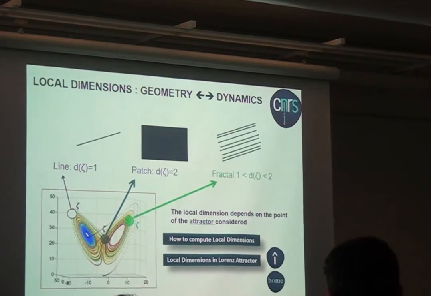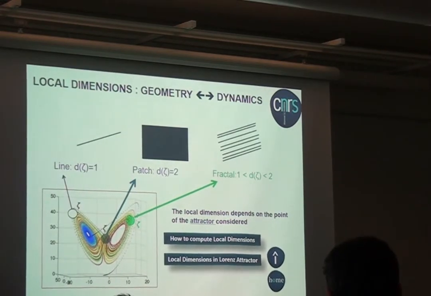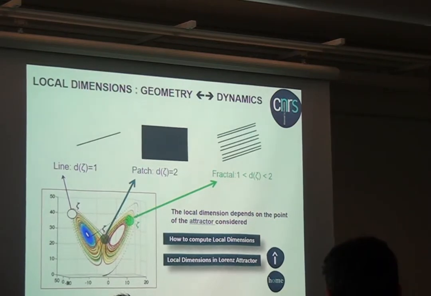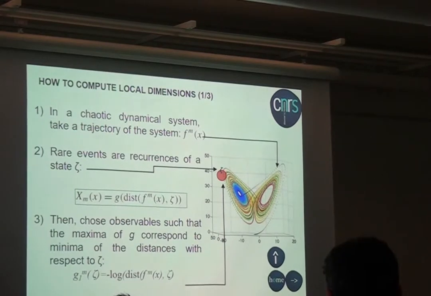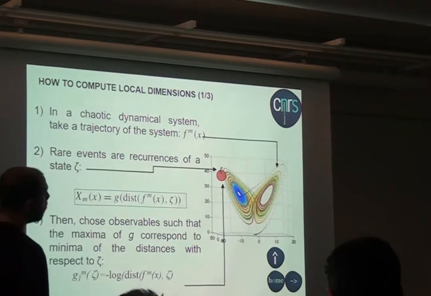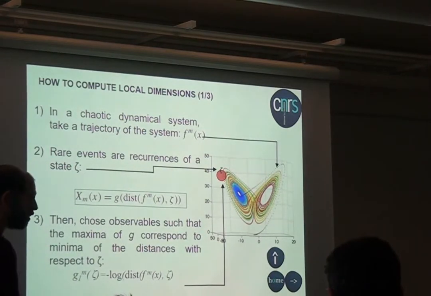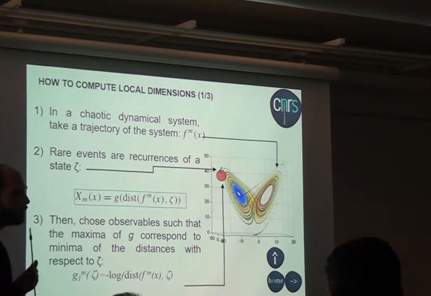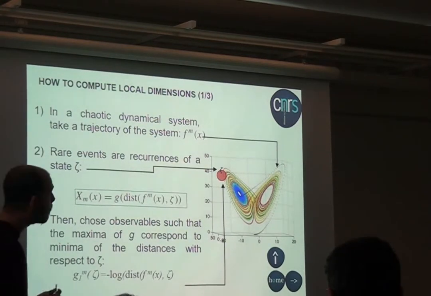So now the question is how we compute this local dimension, and this is the work I've done starting from my PhD thesis some time ago with Valerio Lucarini, Sandro Vaienti, Freitas, Mike Todd. So mostly mathematicians and people that work on dynamical system theory, and there are also some statisticians, for a very specific reason that you will see in a moment.